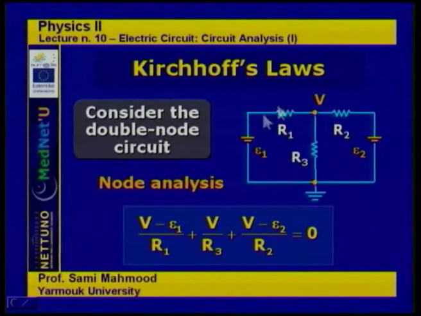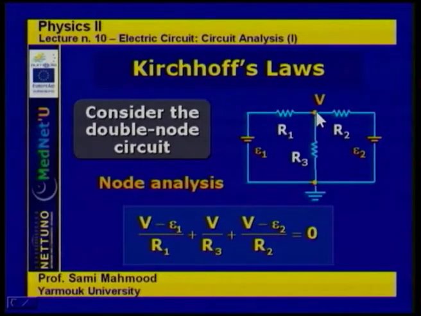So the node analysis will give you, focusing on this node, V minus epsilon 1, that's the total potential drop across this branch, divided by R1 or times G1, of course. That's the current across this branch.